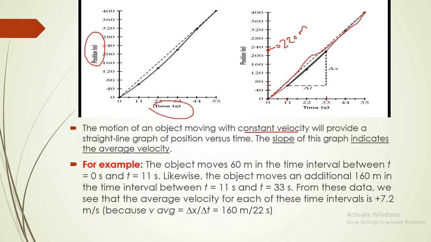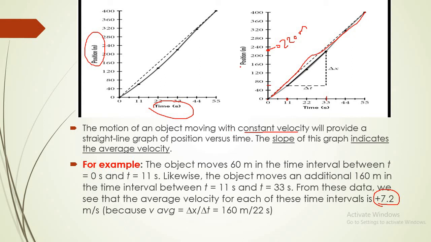From this data we see that the average velocity is positive 7.2. How do we get this answer?